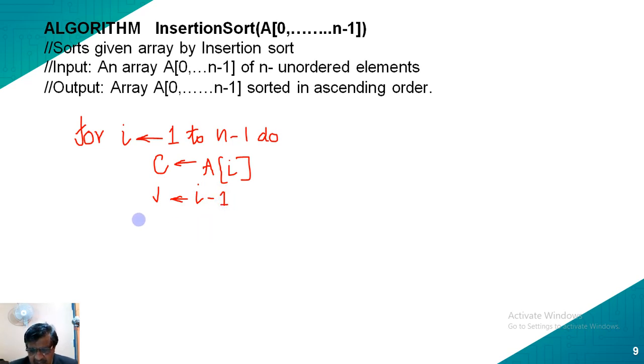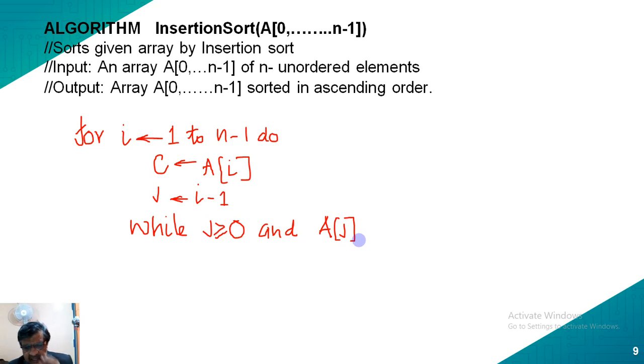Now we will put up the condition: while j is greater than or equal to 0 and A of j, the previous element, is compared with the lifted element. The lifted element was in i, which is nothing but j plus 1.